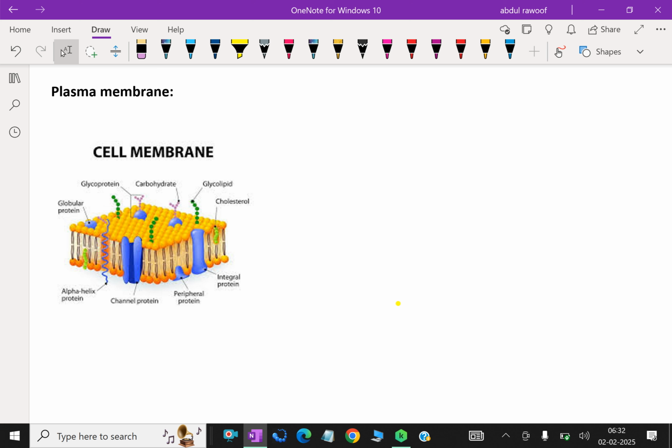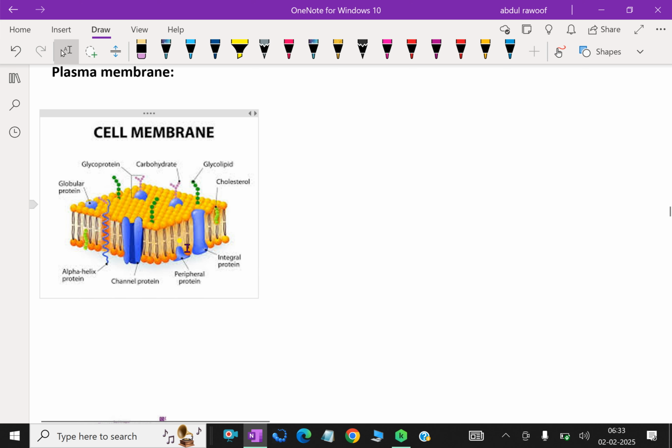The phospholipid bilayer is arranged like a sandwich with the hydrophilic heads aligned on the outer surface of the membrane and the hydrophobic tails forming a central water-repelling layer. These differences influence the transfer of substances across the membrane.